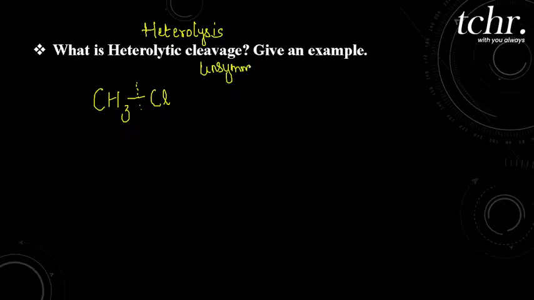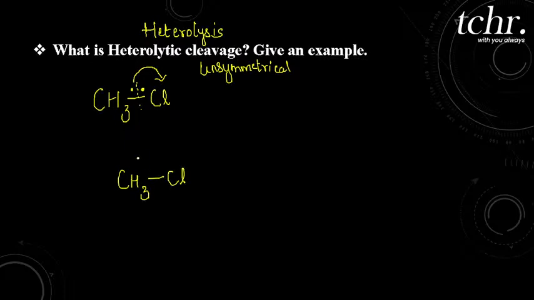Homolysis means symmetrical, whereas heterolysis means unsymmetrical breaking of the bond. So what happens when unsymmetrical cleavage takes place? Both the electrons in the covalent bond will go towards one fragment, and it can happen based on which is more electronegative.